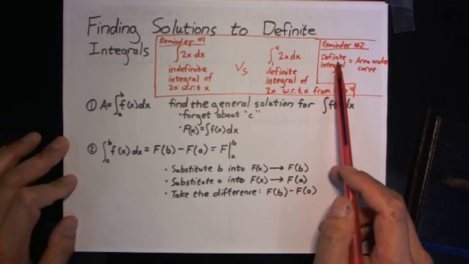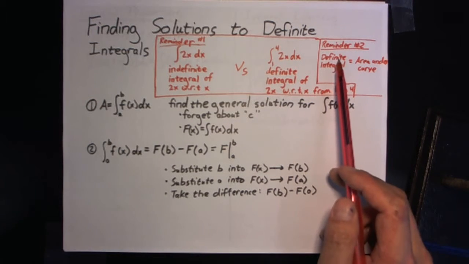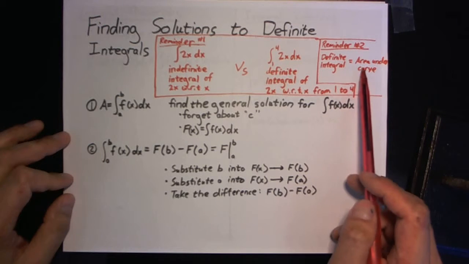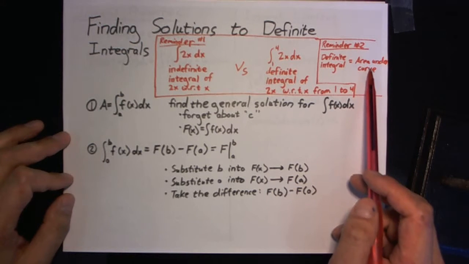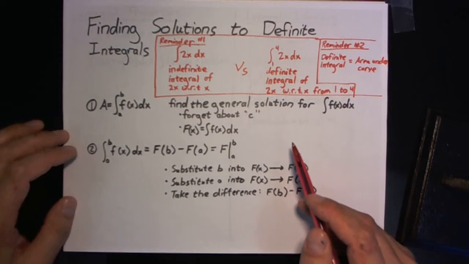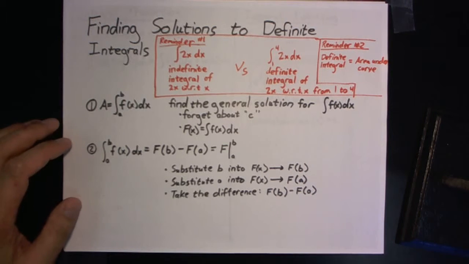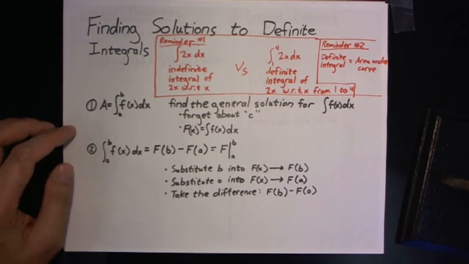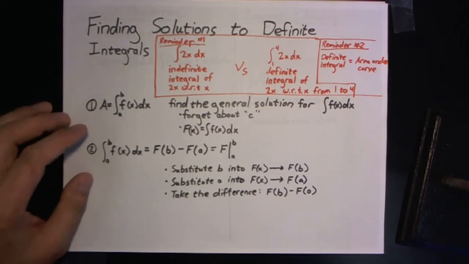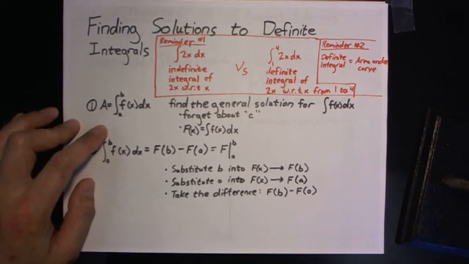Second thing to remember is that in terms of actual interpretation, the definite integral is the area under the curve. Now, in terms of actually calculating a definite integral, it's a fairly straightforward two-step process.